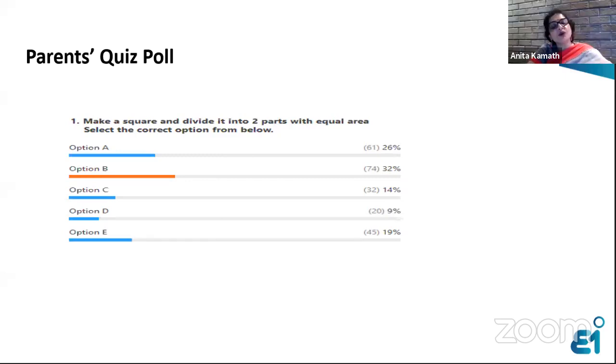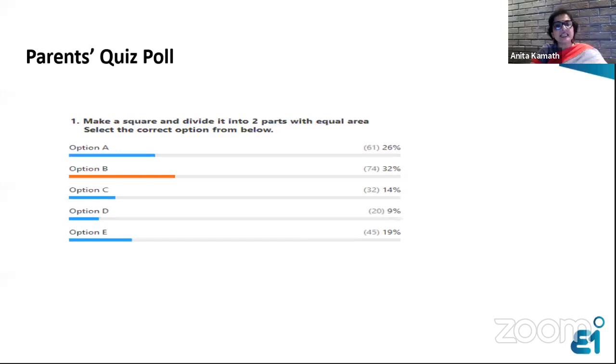Now I am a little uncomfortable because we went through a brief session where you spoke about what is area, what is perimeter, and it gave us an idea.